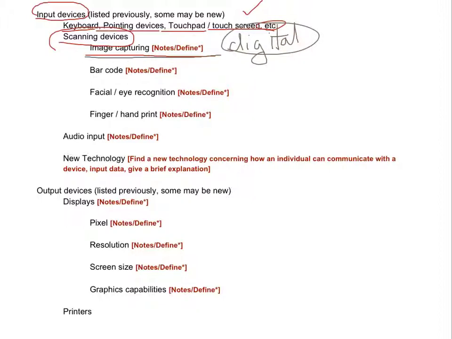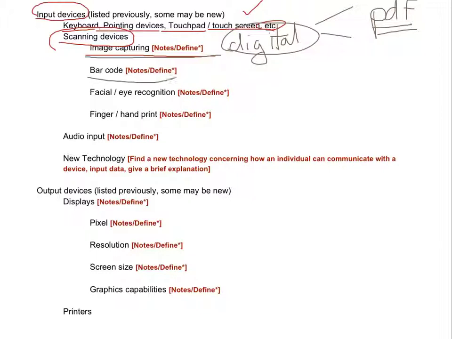Later on, we talk about the difference between a raster image and a vector image, but we scan images for lots of different things. In work, people now will scan images and create PDFs of the image so that can be stored other than storing it on paper, and that's become very popular.